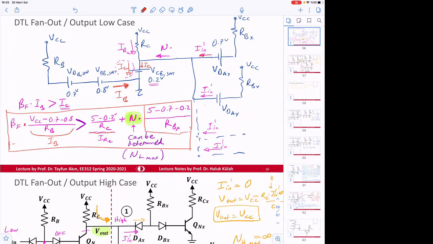And then interestingly here, that also current I in prime, this is I in prime, also is related with RB. So RB is happening both here and here. Okay, RB is RB because it's coming from the next stage.